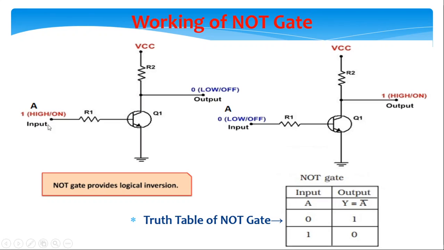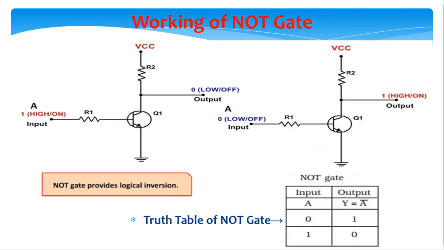When the input A is high, that is at logic 1, which represents plus 5 volt at the input, the base of the transistor will become positive. This causes the transistor to conduct heavily. That is, the transistor will switch on.